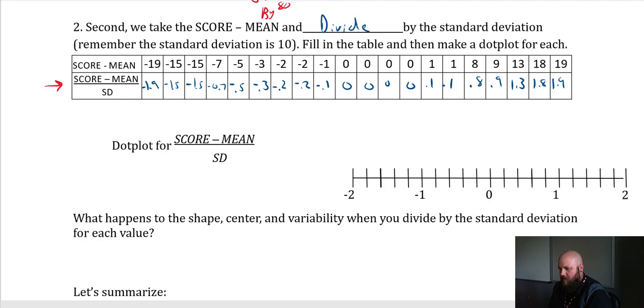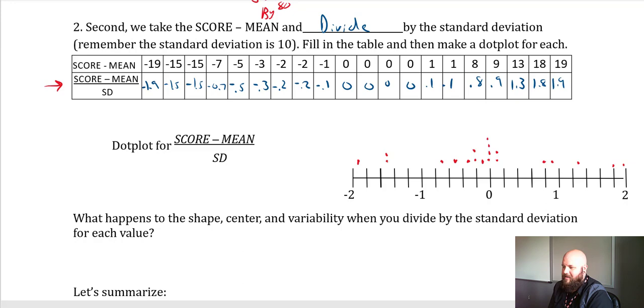So we're going to take negative 1.9, negative 1.5, got two of those, got 0.7, so 2 versus 7, got 5, got 3, we got a couple at the negative 0.2, we got a negative 0.1, 4 at the 0 value, we got a 0.1, a couple of them, a 0.8, 0.9, 1.3, 1.8, and 1.9.